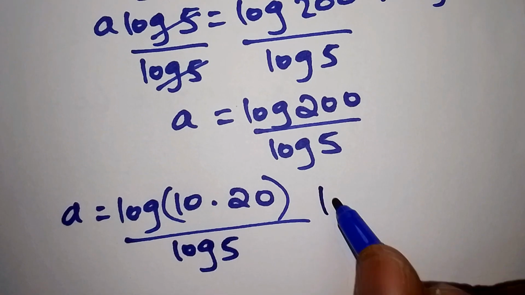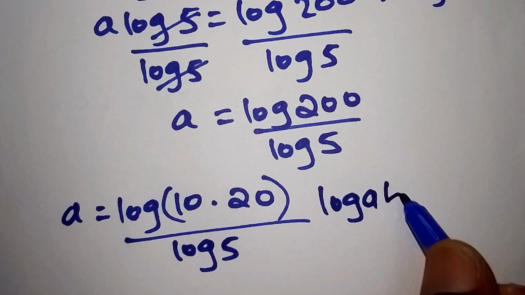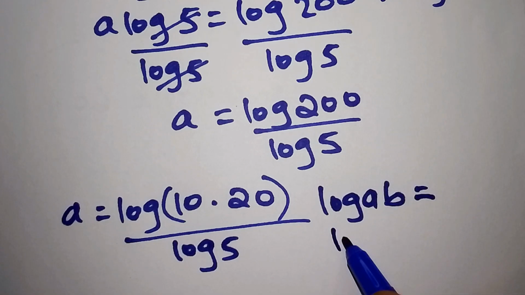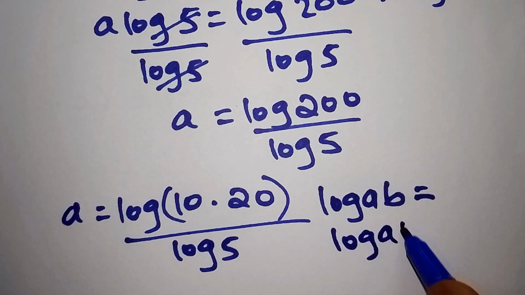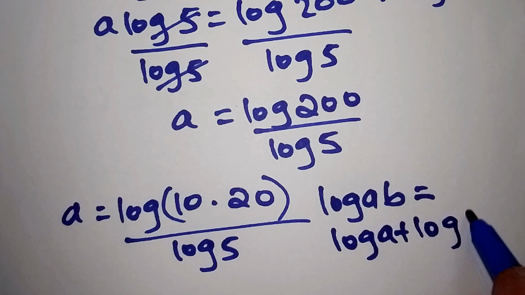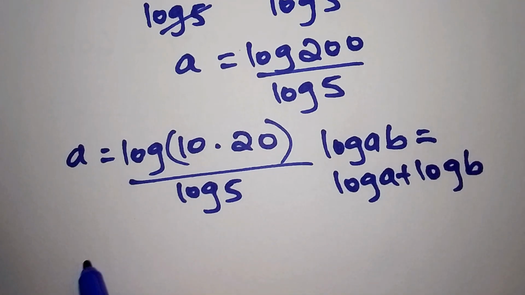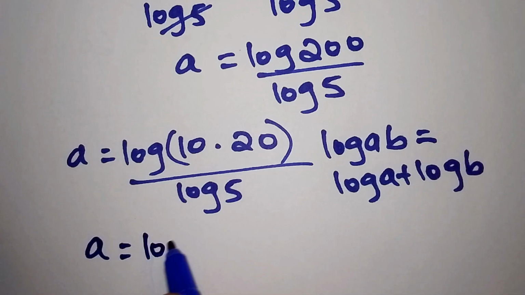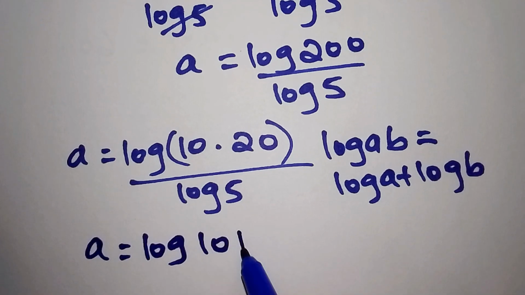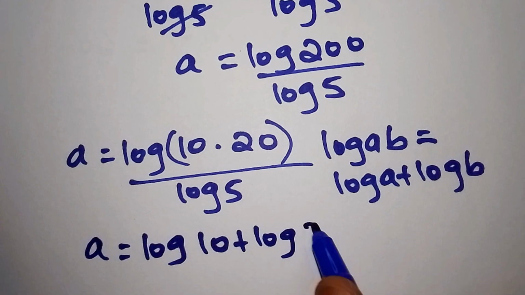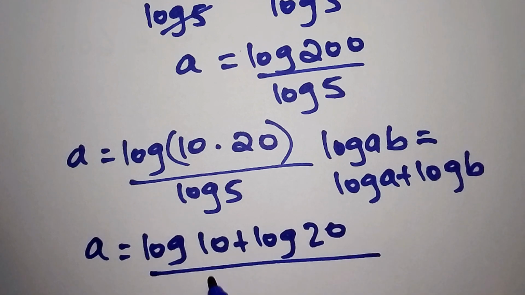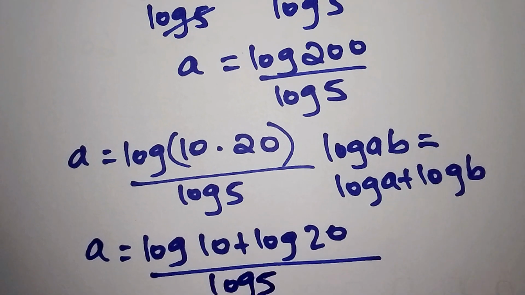Assuming we have the log of a multiplied by b, this can be written as the log of a plus the log of b. So the value for a is equal to the log of 10 plus the log of 20, all over the log of 5.